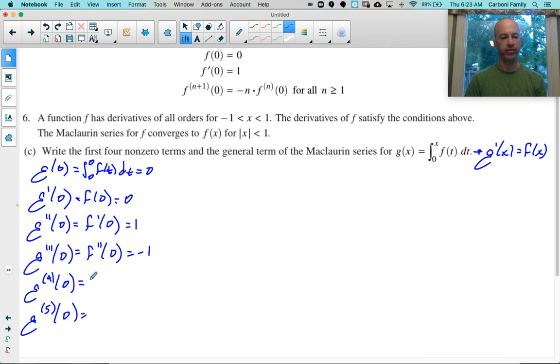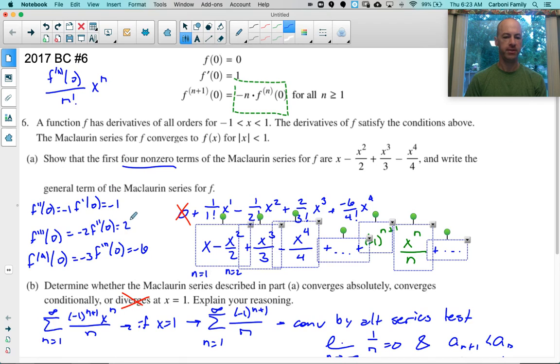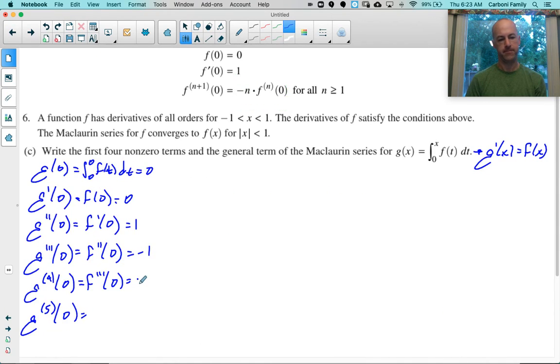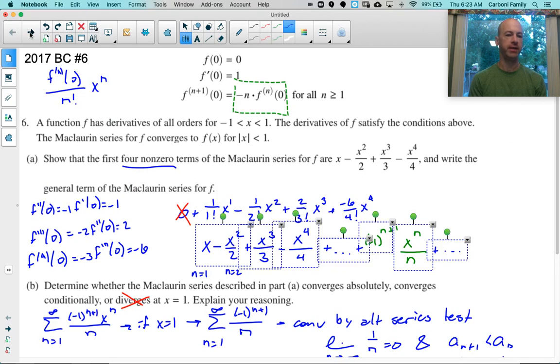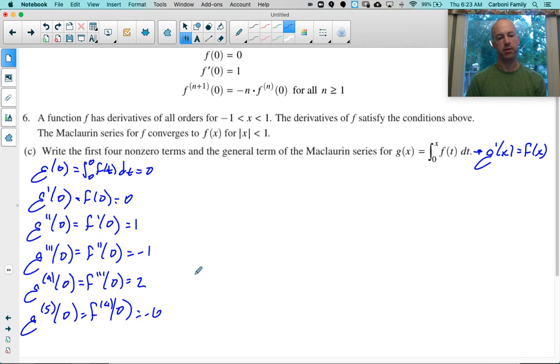The 4th derivative of g will be the 3rd derivative of f, and the 3rd derivative of f is 2. And the 5th derivative of g would be the 4th derivative of f. And that was also in part A, which is -6. Okay, so my first 4 non-zero terms are actually going to start with g''.